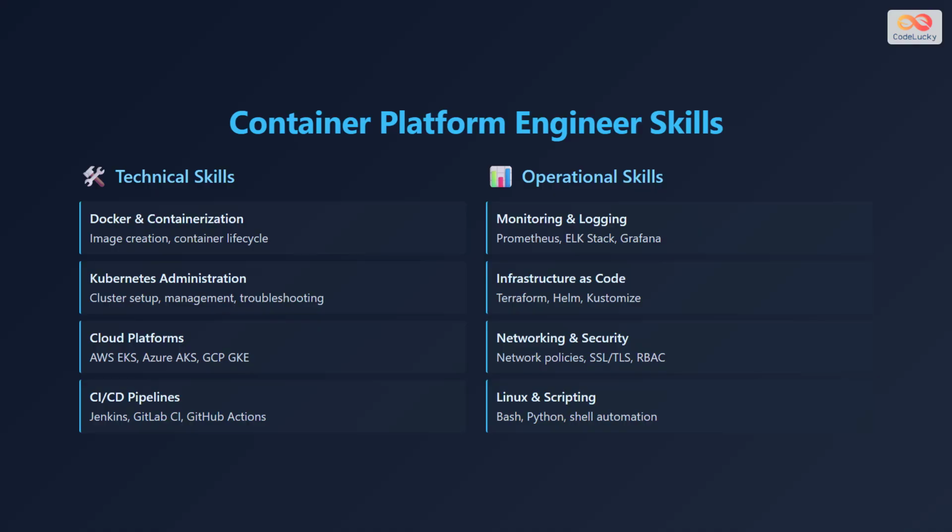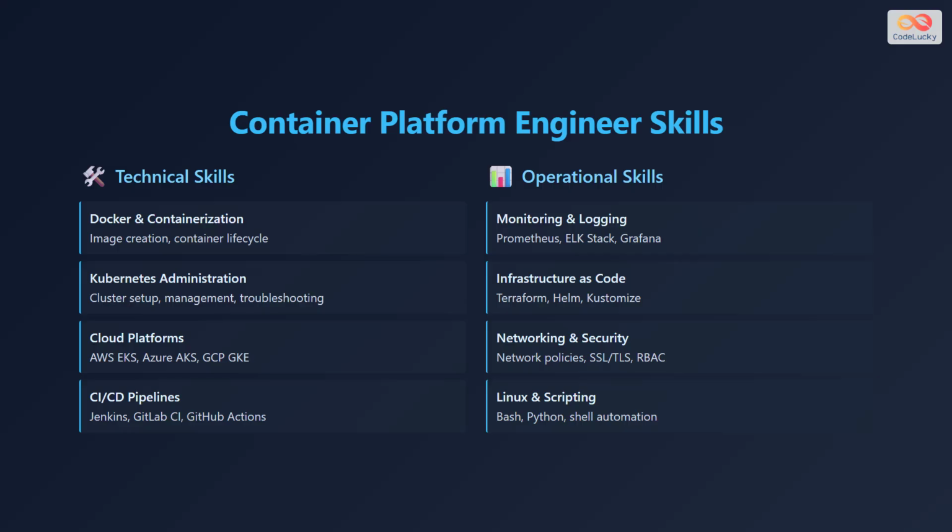To become a successful container platform engineer, you need both technical and operational skills. Technical skills include Docker and containerization for building images, Kubernetes administration for managing clusters, cloud platforms like AWS EKS, Azure AKS, and Google Cloud Platform GKE, and continuous integration and continuous deployment pipelines using tools like Jenkins, GitLab CI, and GitHub Actions.